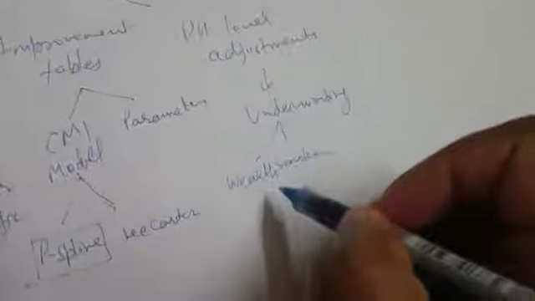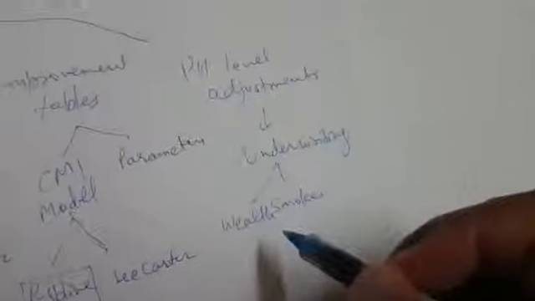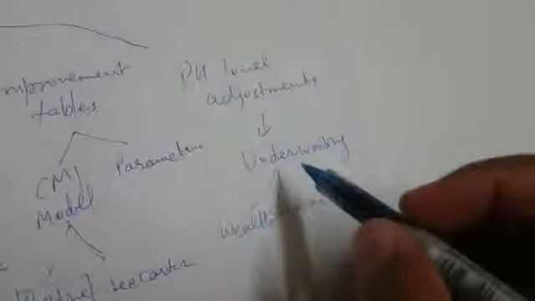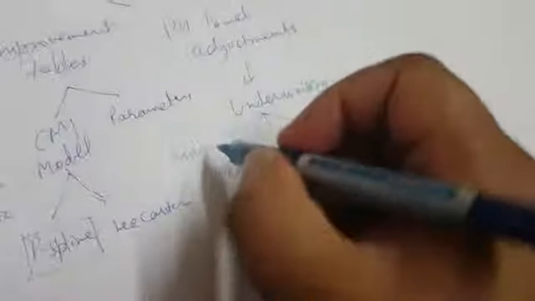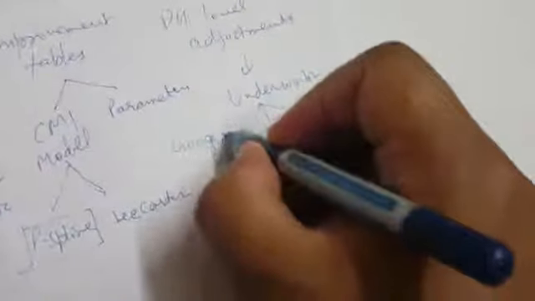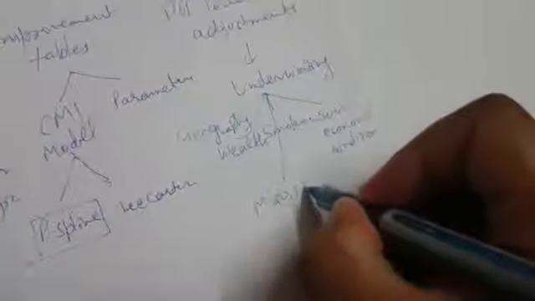Wealth status: if the policyholder is wealthy, he or she can afford expensive medical treatment and hence is expected to live longer. Also, socioeconomic condition of the policyholder, the area where the policyholder lives, and marital status. If the policyholder is married, he or she is expected to live longer.